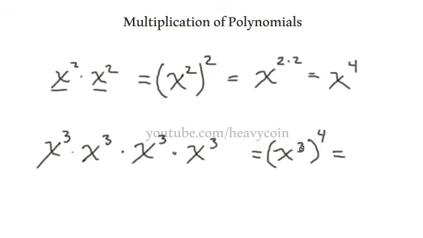And of course, remember, you multiply exponents, so this becomes x to the 12th. Now if you were to look at the other way, where you just add all these, 3 plus 3 plus 3 plus 3, which is also going to be x to the 12th.